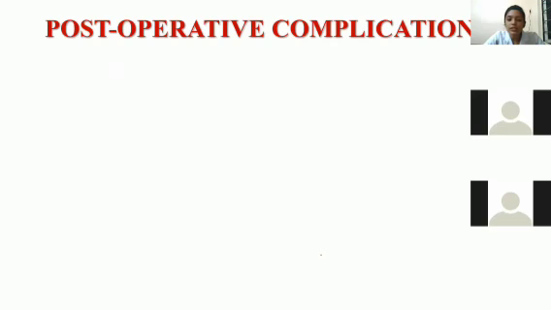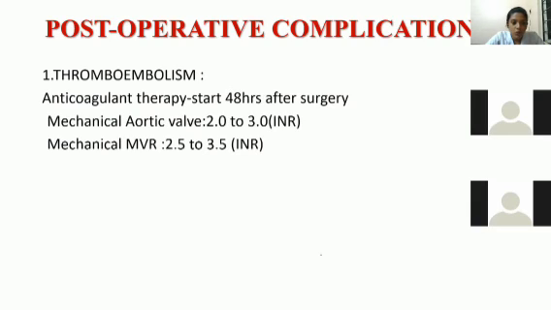After this valvular replacement, we can expect some complications. So we will see the complications and how to tackle them. First one is thromboembolism. This is a foreign body placed in our body, so obviously thrombosis can happen on the prosthetic valve, and thromboembolism can happen.